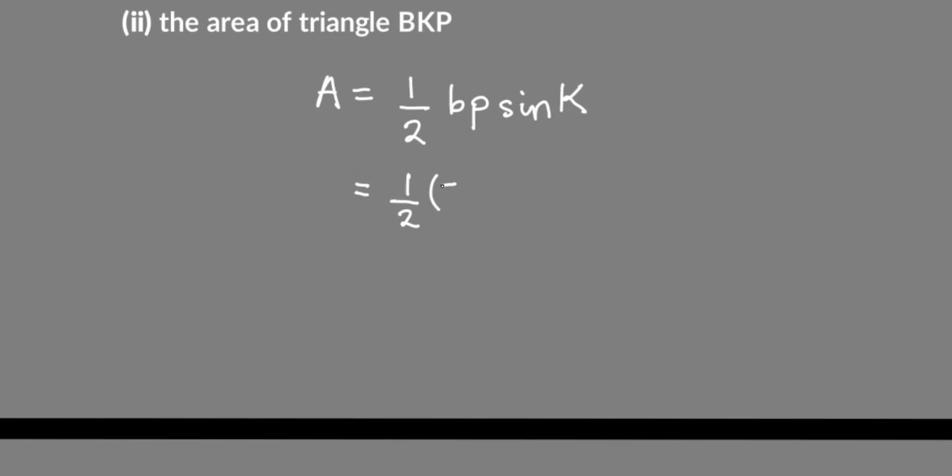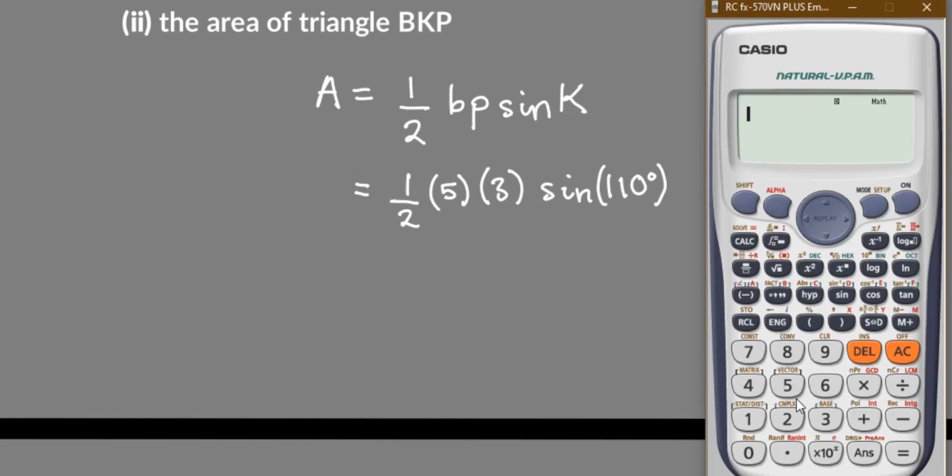B is 5, P is 3, and we're going to be finding sine of 110 degrees. We divide by 2, and that is our area, 7.0476.